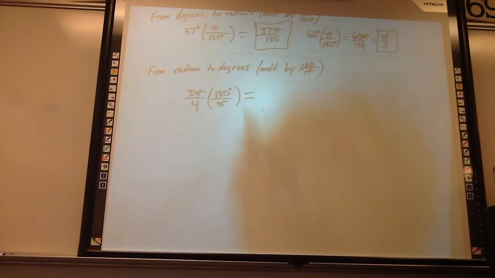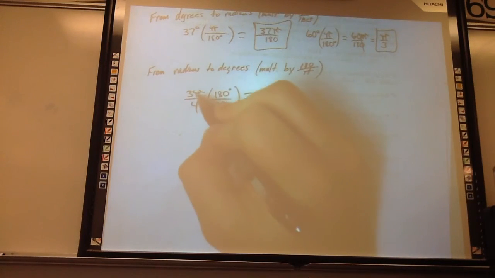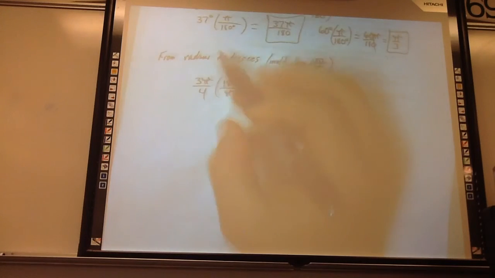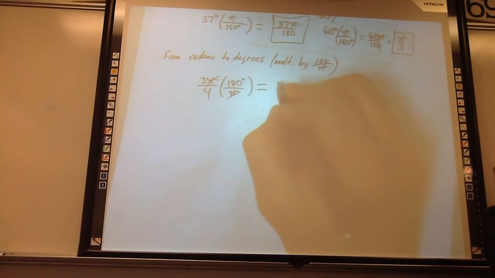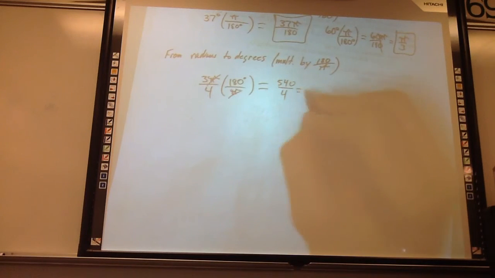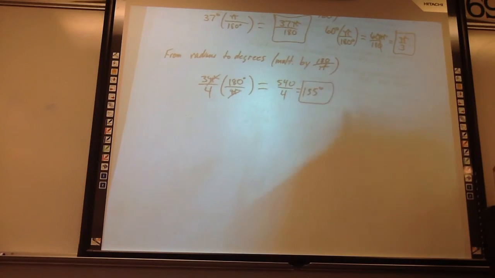If you're going to have a pi on top and a pi on bottom, what's going to happen? It's going to cross out. So 3 times 180 is 540, divided by 4. 135 degrees. That's how you convert them.